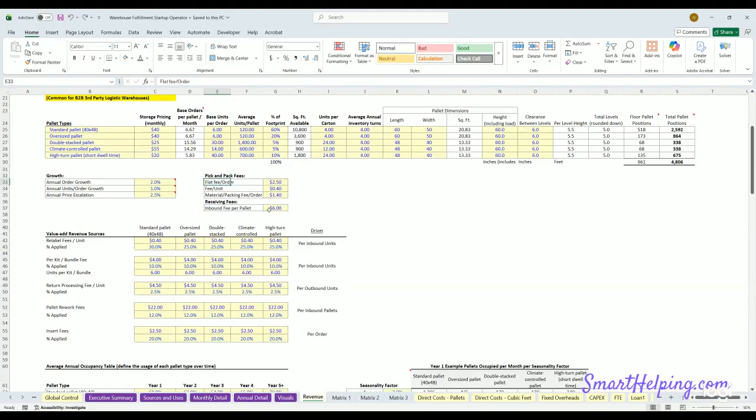How many orders did we have? Multiply that by 250 times your price escalation. Also, how many units were shipped? You've got a per unit cost here, and then again, this is how many orders were shipped, and this is an additional cost per order for materials and packing. So that's that section. We got monthly storage revenue and pick and pack fees.